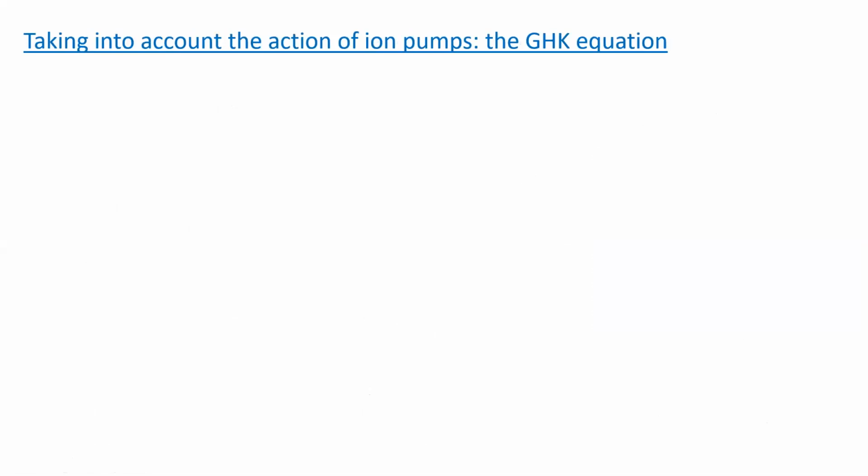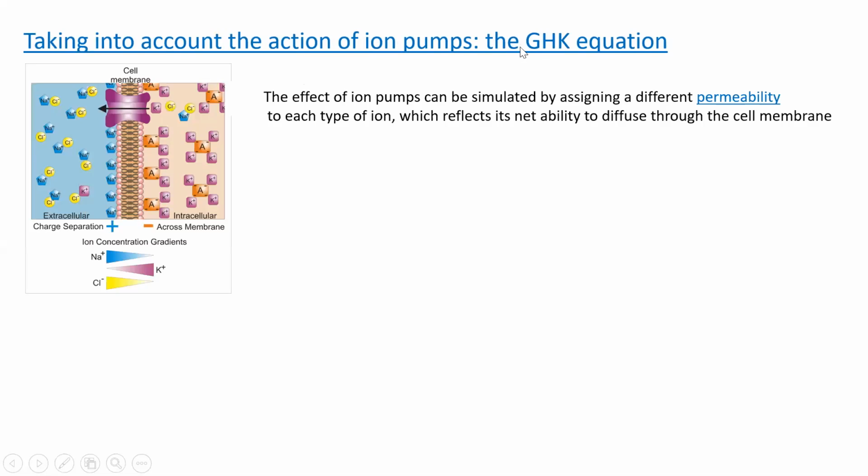So taking into account the action of ion pumps is the GHK, or Goldman-Hodgkin-Katz equation. And so here's a picture with all three ions, Na, Cl, and K, potassium, on the outside and on the inside of the cell, along with some macromolecules, which are labeled A here.